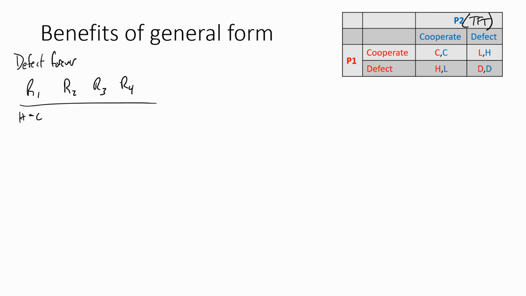The other player is responding to what you did in the previous round. It's just going to be D's all the way down to the end. So what are you losing? You're losing the difference between the cooperate payoff and the defect payoff. Notice I'm writing them here in positive instead of as a negative, C minus D, as the size of the loss, keeping in mind that's the cost.